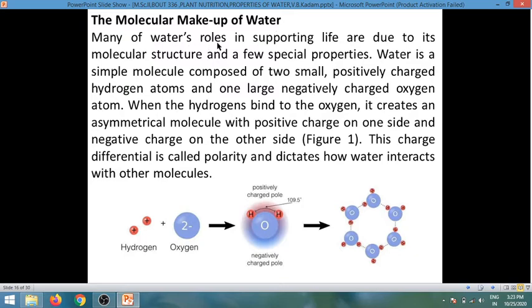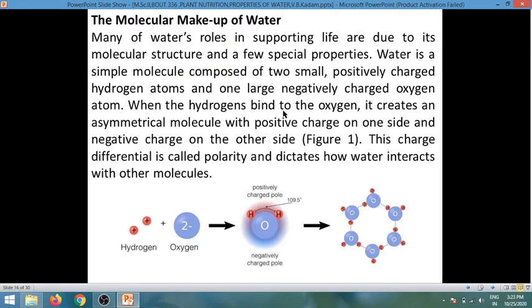Many of water's roles in supporting life are due to its molecular structure and a few special properties. Water is a simple molecule composed of two small positively charged hydrogen atoms and one large negatively charged oxygen atom.